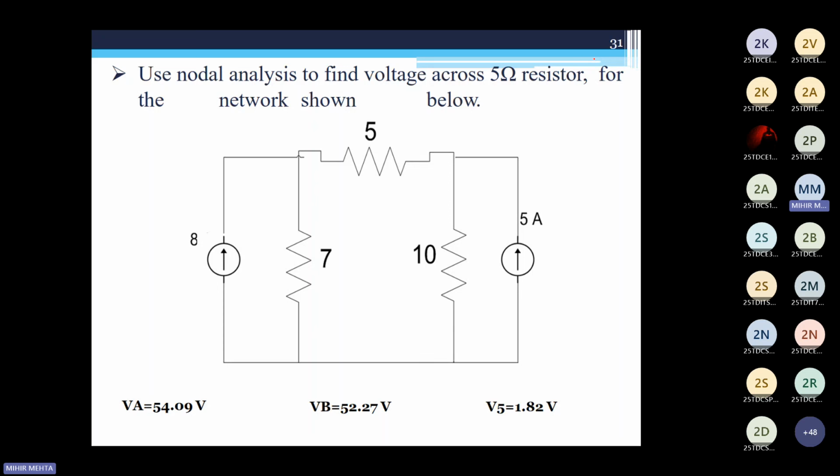So that would be VB minus VA divided by 5, plus the current through the 10 ohms resistance would be VB minus VC by 10. So 5 is equal to VB minus VA by 5 plus VB minus VC by 10. Is this clear? Any doubts, please ask.